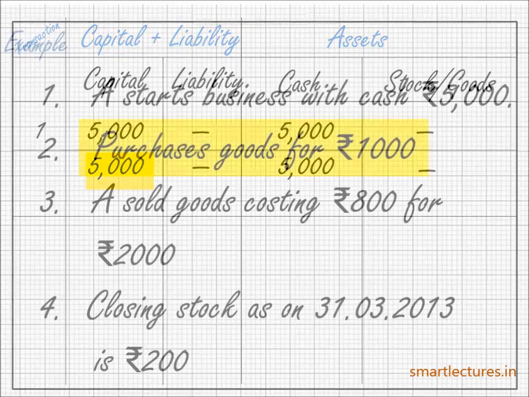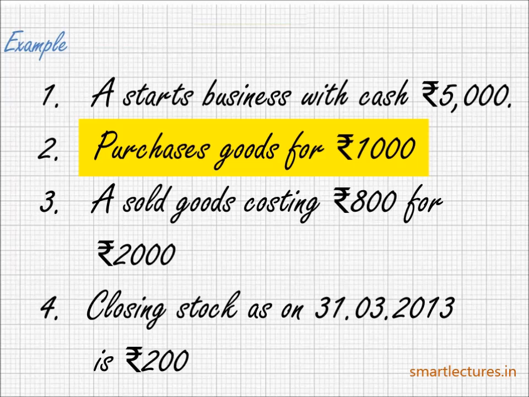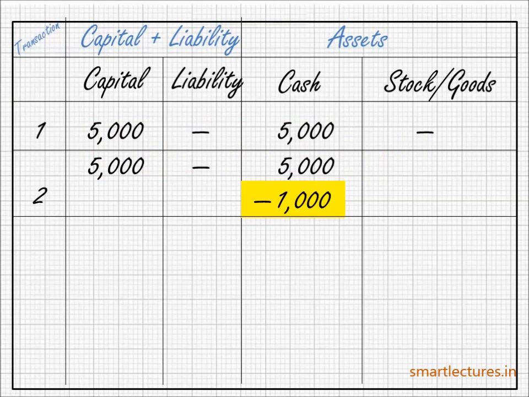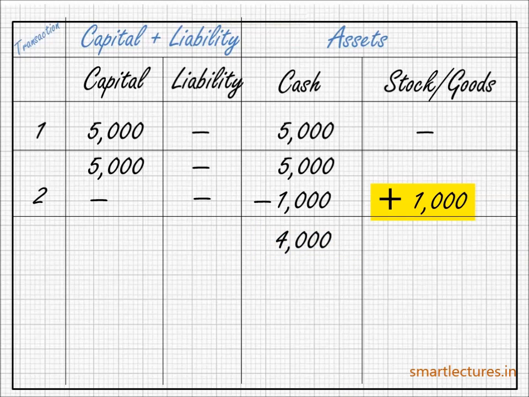So next transaction, purchased goods rupees 1,000. What will happen if the goods are purchased for cash? It means the firm will pay cash rupees 1,000 and the new cash will be rupees 4,000. And the firm will get the new asset in the form of goods, and that column will be plus 1,000.